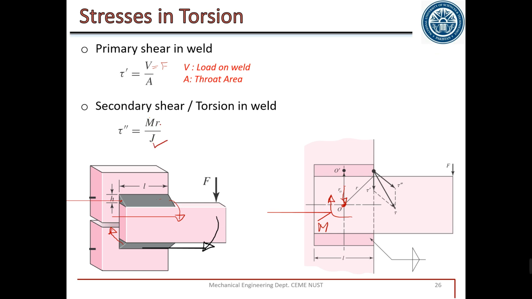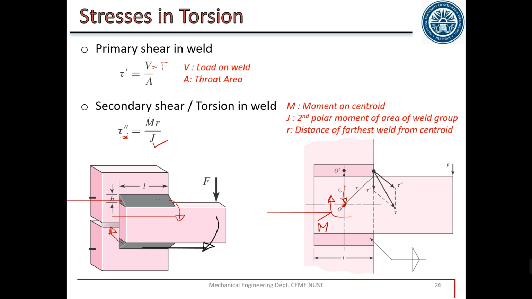Only this r, the point in the weld which is furthest away from its centroid, will experience the maximum amount of secondary shear. For this we need to calculate J.